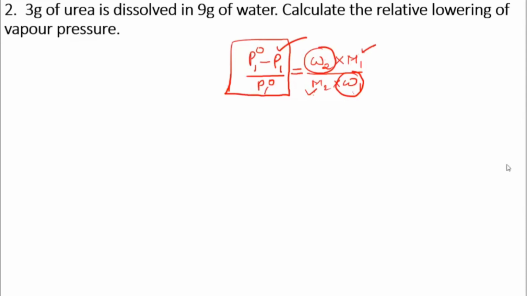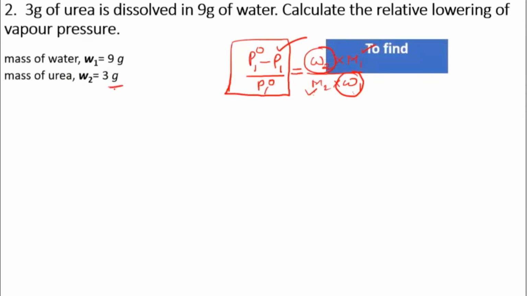Very good, Prasidhi. Then next one. Whatever she has listed, I believe even you have got the same thing. Mass of the water, that is always higher. W1, 9 gram. And then mass of urea, W2, 3 gram, because weight of the solute is always lesser. Correct?